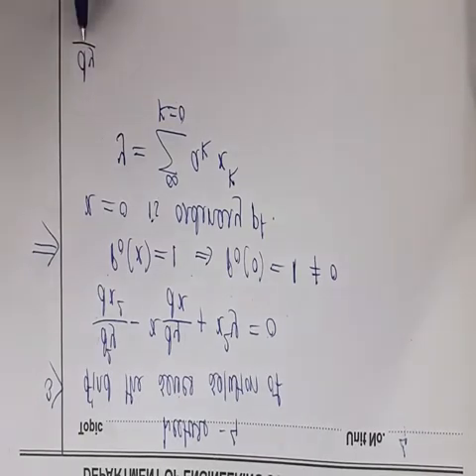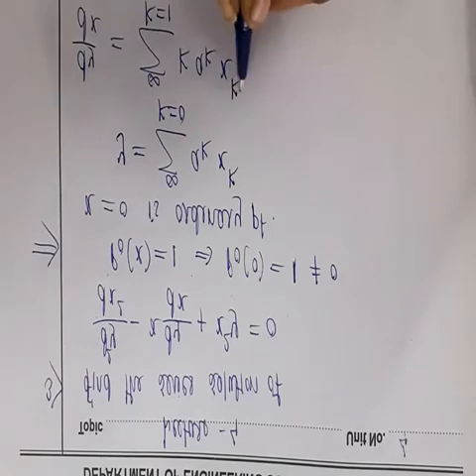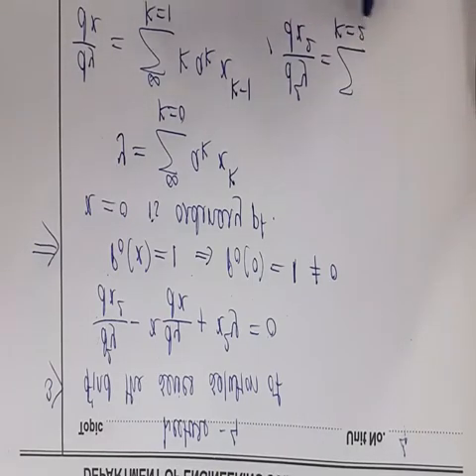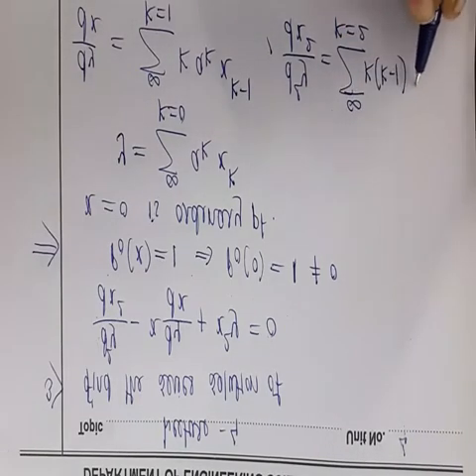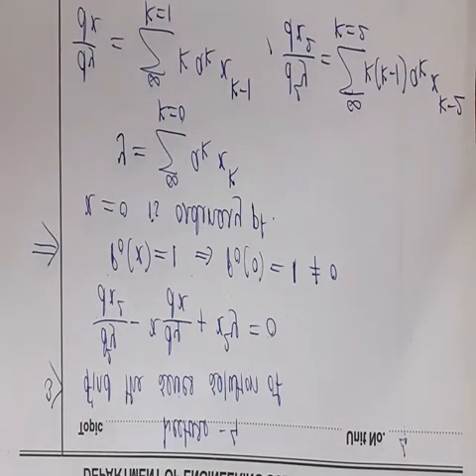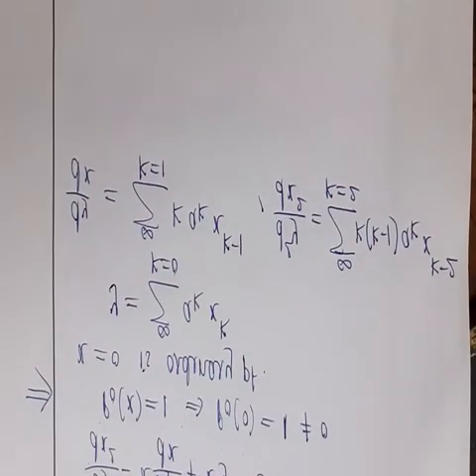So dy by dx is equal to summation k is equal to 1 to infinity k multiplied by ak x to the power k minus 1, and d2y by dx square is equal to summation k is equal to 2 to infinity k multiplied by k minus 1 ak x to the power k minus 2.